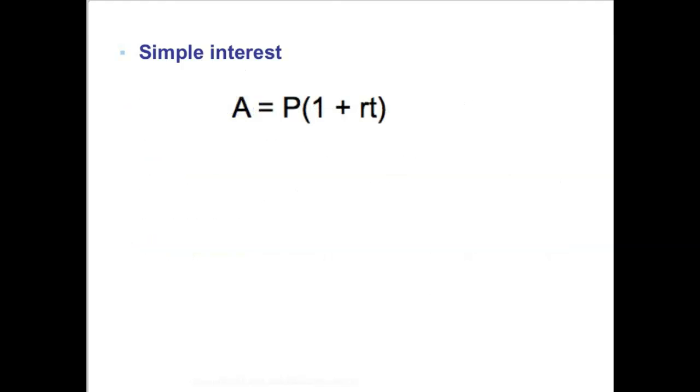We're going to start with the simple interest formula. So the way you calculate simple interest, A just stands for amount in the account. So total amount in the account. Your P is your principal.